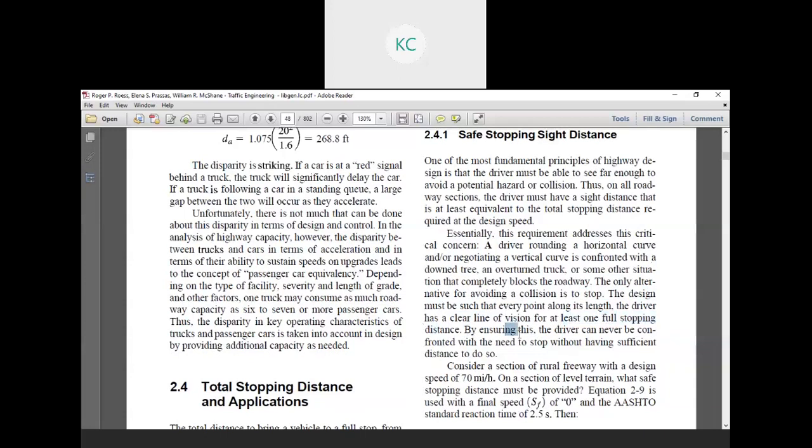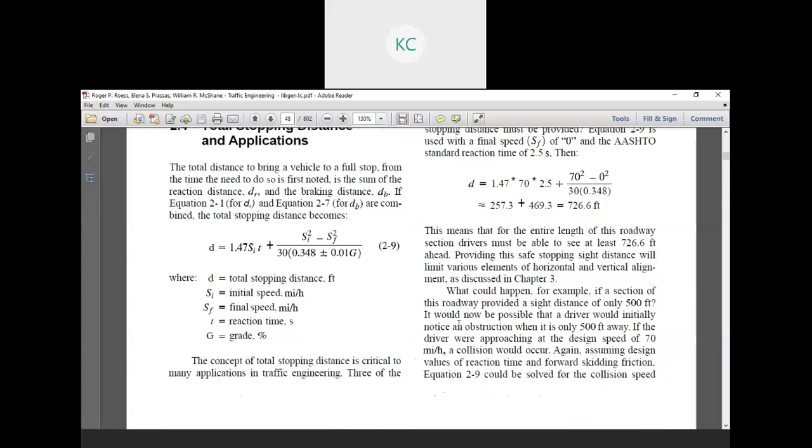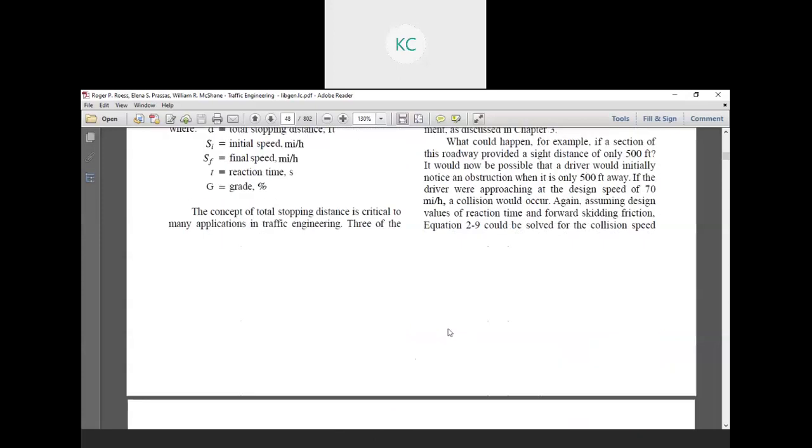By ensuring this, the driver can never be confronted with the need to stop without having sufficient distance to do so. Stopping sight distance provides that facility so that the driver can stop the vehicle at a certain distance without a collision or a hazardous situation.